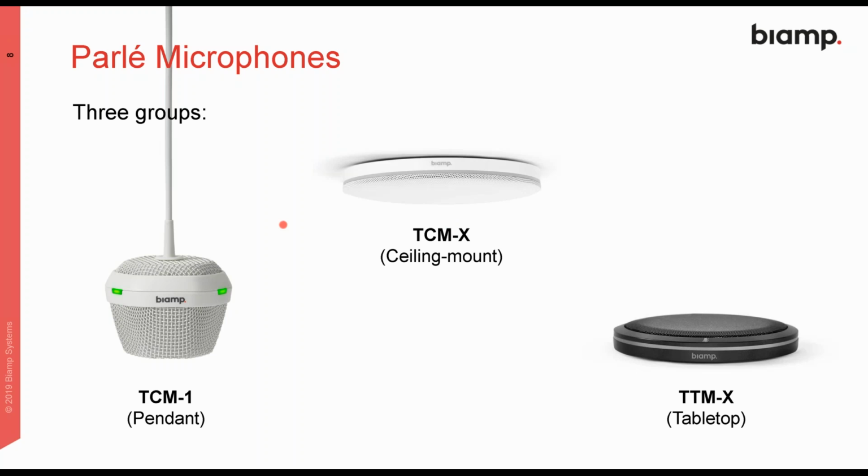It's very useful when you have high ceilings, like in industrial buildings or auditoriums. TCM stands for terrestrial ceiling microphone. You've got the first one, the pendant. You've got the X, which is the ceiling mount. And you've got the TTMX, which is terrestrial table microphone, on the right. They're available in black and white.